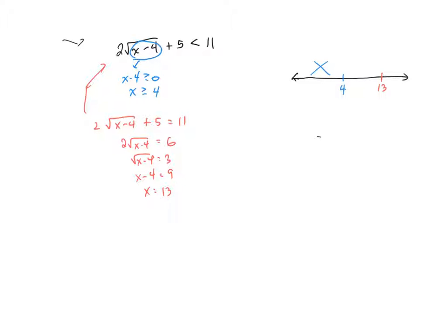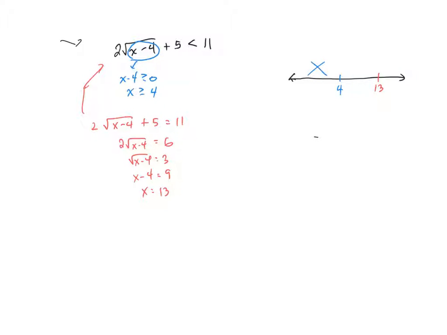So what I'm going to do now is test numbers in the inequality to see if they work or not. So from the region between 4 and 13, maybe I'll try to pick something convenient. Let me test, say, 6.